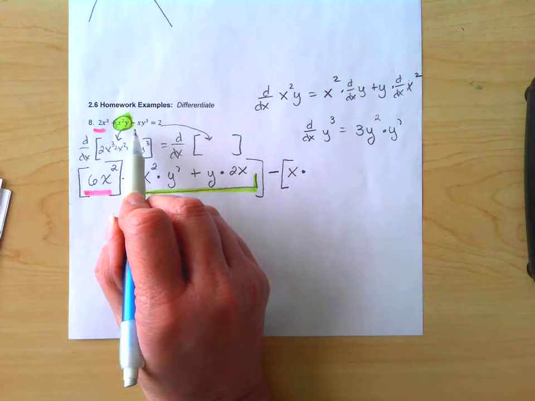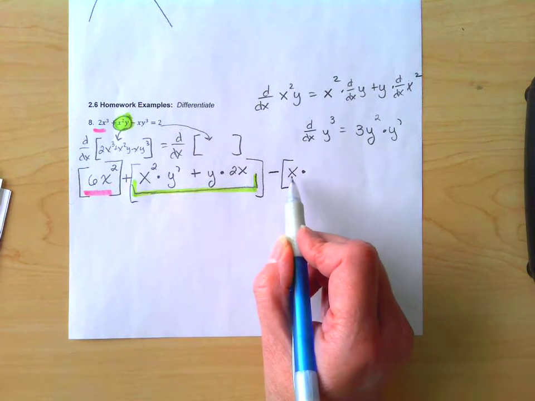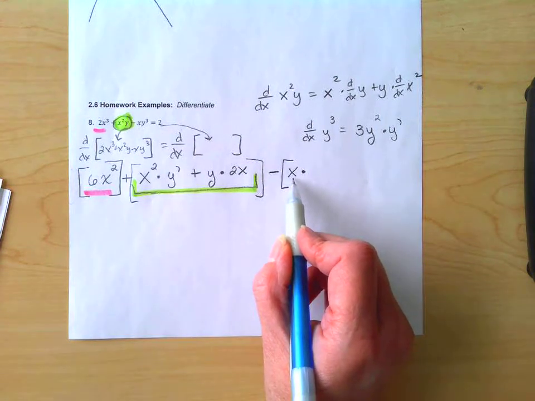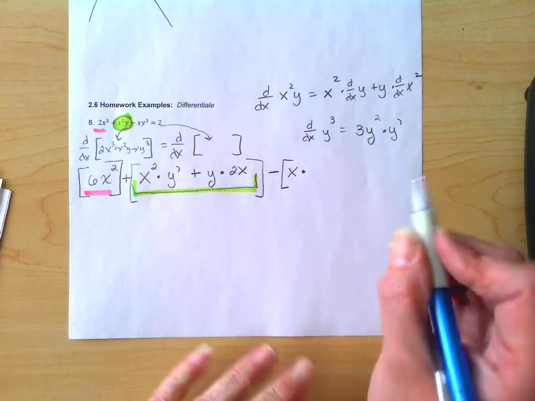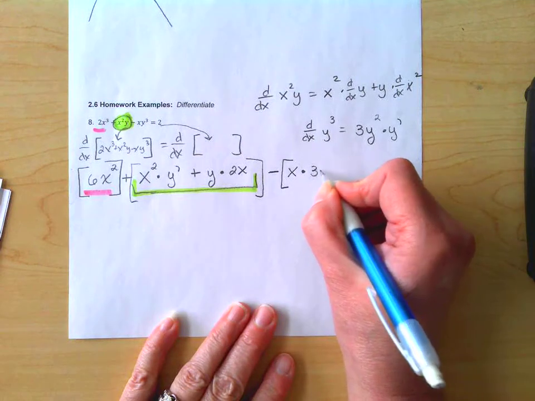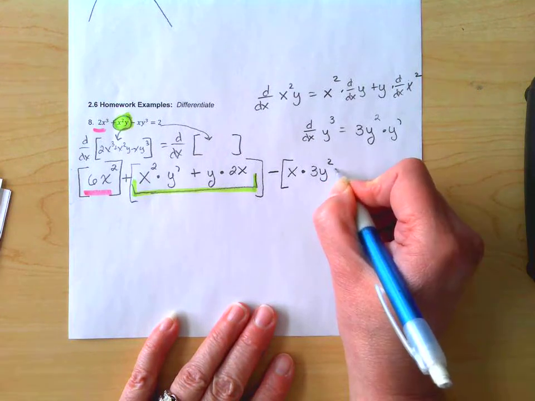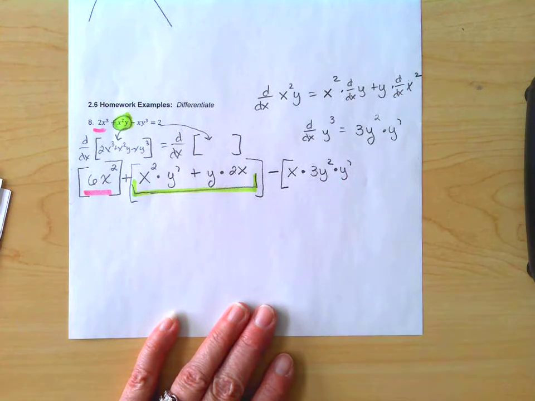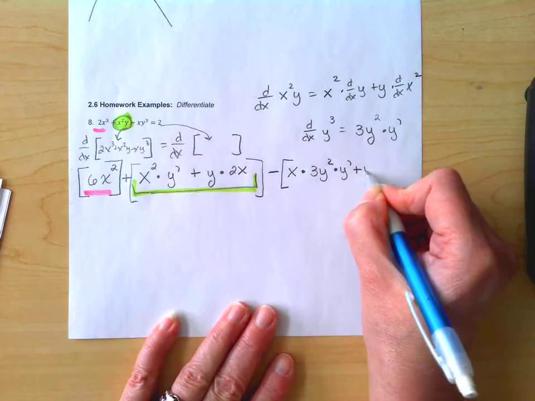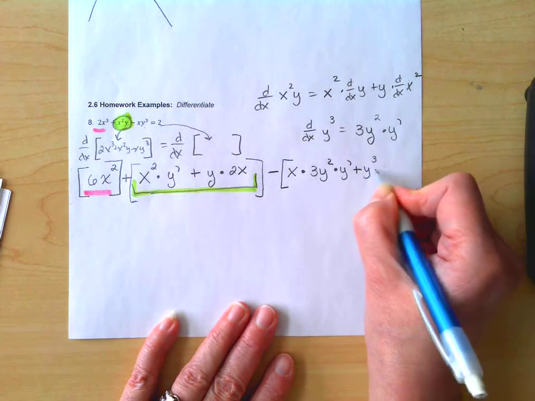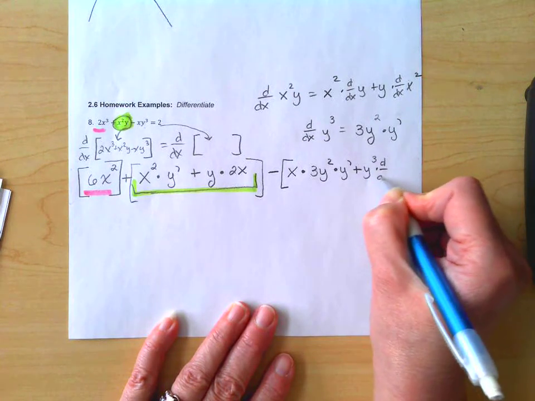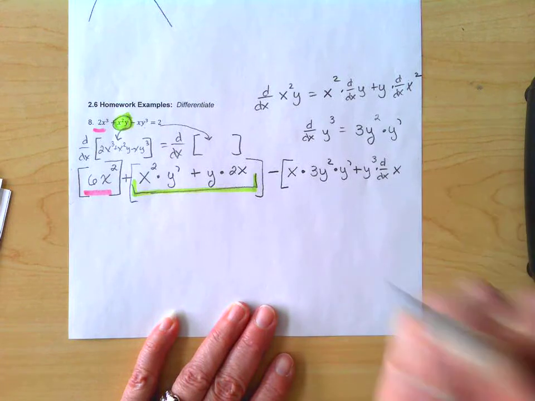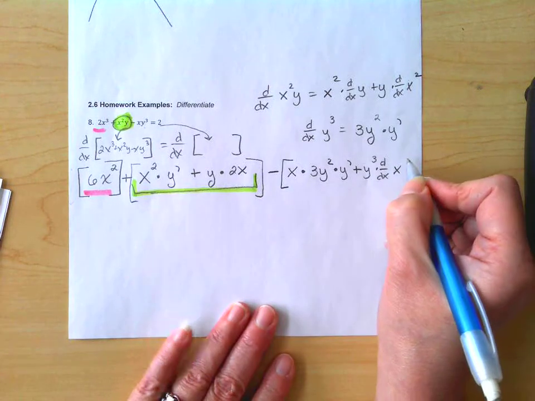So when I do the derivative of xy cubed, I've got the first, x, times the derivative of y cubed. The derivative of y cubed will be 3y squared times the derivative of y. So that's the first times the derivative of the second. The second, the y cubed, times the derivative with respect to x, which is just going to be 1.